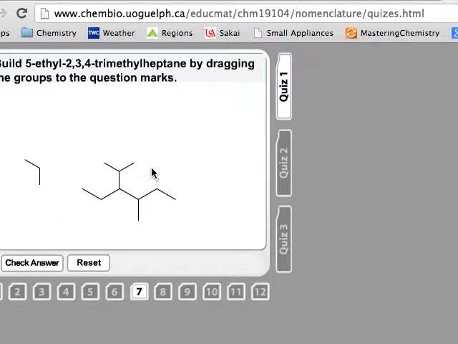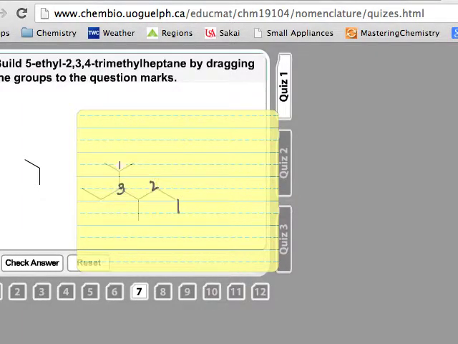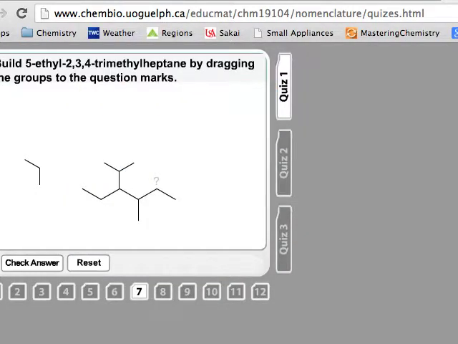And then my longest chain is 1, 2, 3, 4, 5. Does that work? 1, 2, no, that doesn't work. So maybe I want this group, instead of being here, maybe I want to put it here.